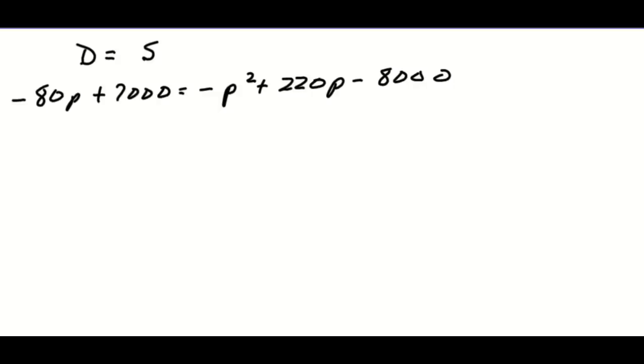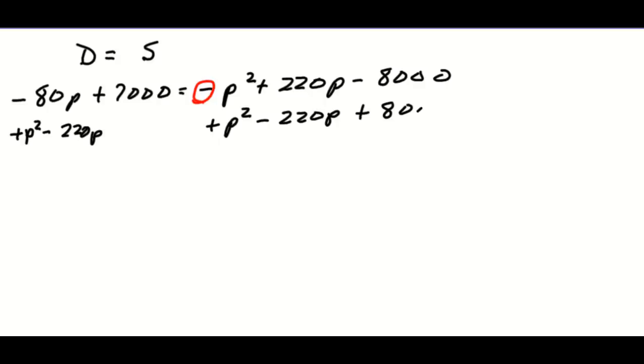And since we have a negative sign associated with that p squared right there, we want to add p squared to both sides. And since we have a positive 220, we're going to subtract 220p from both sides. And since we have a negative 8,000, we're going to add 8,000 to both sides.